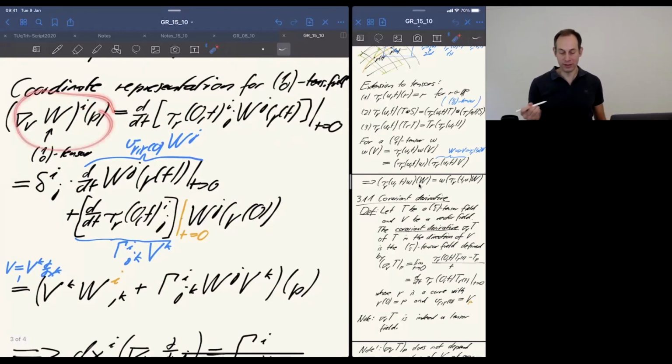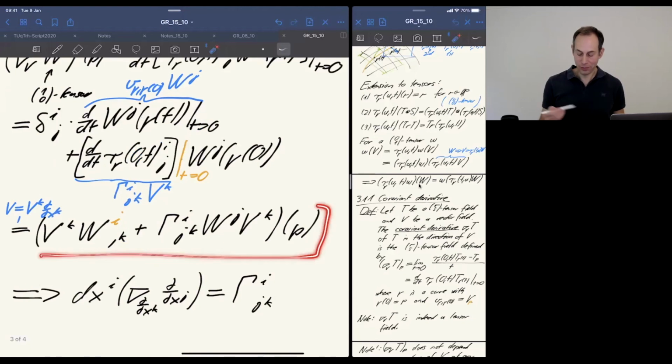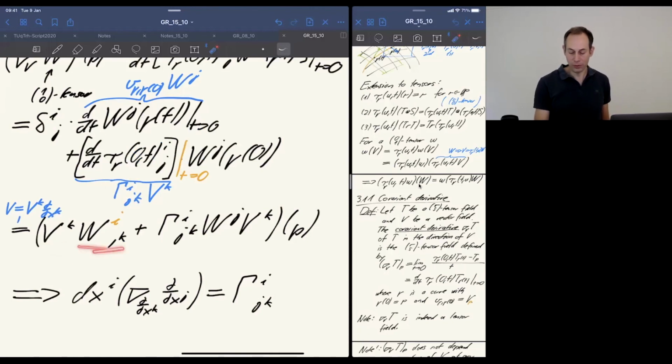In this coordinate expression, we just use the definition. So from this derivation, by writing it in coordinates, we can now read off: obviously, it depends on the components of the vector v. It also depends on the components of w, but also on the derivatives of w. But for example, it doesn't depend on any derivatives of v. So it's really only v that enters.